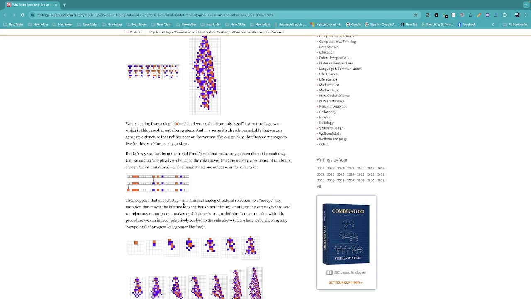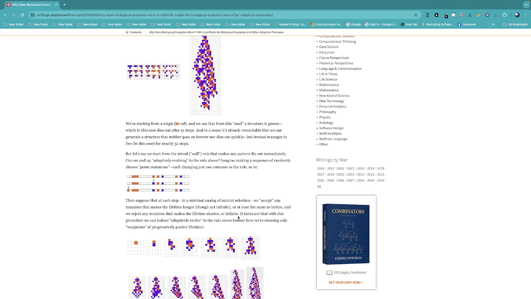Then suppose in each step a minimal analog of natural selection occurs. Our minimal analog of natural selection involves accepting any mutation that makes the lifetime longer, although not infinite, or at least the same as before, and we reject any mutation that makes the lifetime shorter or infinite. So we basically select for longevity.